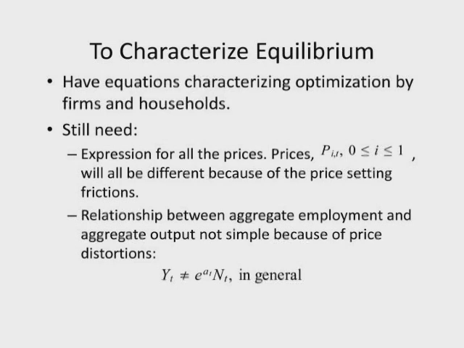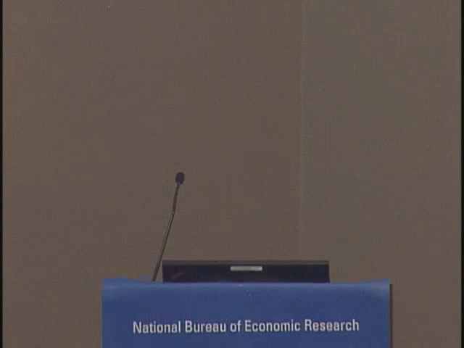By the way, one of the things that's tricky about this model is that there is no aggregate resource constraint, which is regrettable. There is not a simple relationship like, for example, that y_t is equal to e to the a times n. We don't have an aggregate production function in this model, meaning an equation that relates aggregate output as a function just of aggregate input.